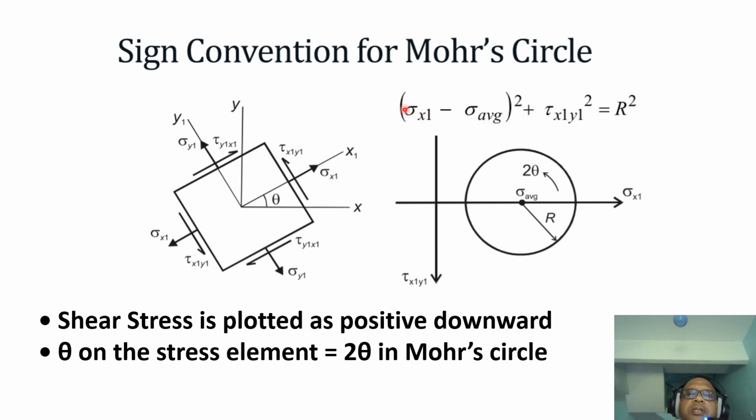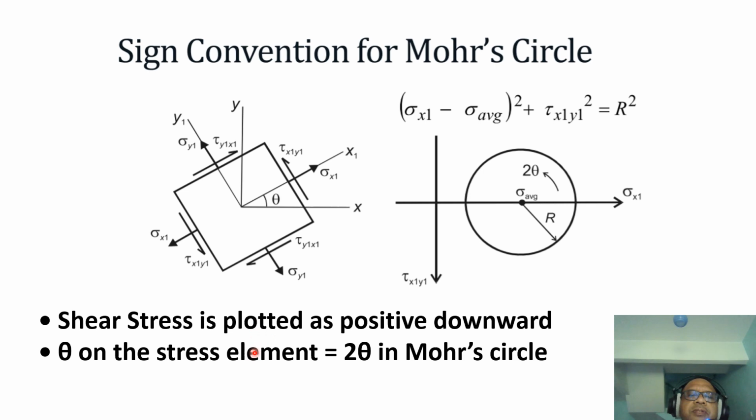You find the average, sigma x and tau, and there's a circle that you need to produce with R. The first rule is that the shear stress is plotted positive downwards. The Mohr circle has two axes: the horizontal axis is for the normal stress, and the shear stress is positive downwards. And theta on the stress element equals 2 theta on the Mohr circle.